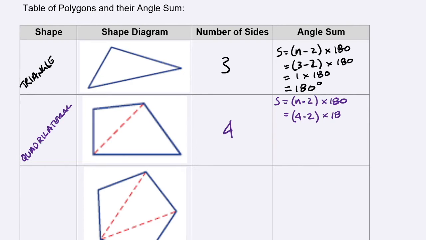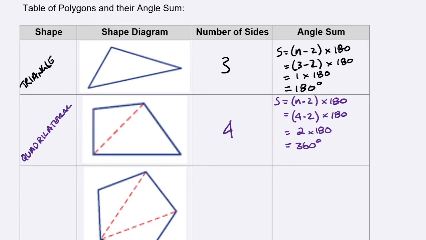So we just go through each bit individually, each step of the way, being nice and clear. And we get to 360 degrees, which is what we have learnt previously when it comes to quadrilaterals.